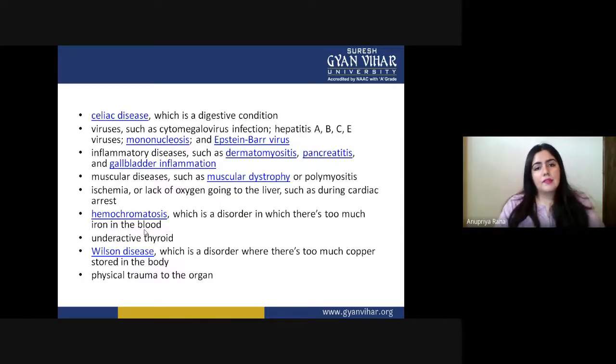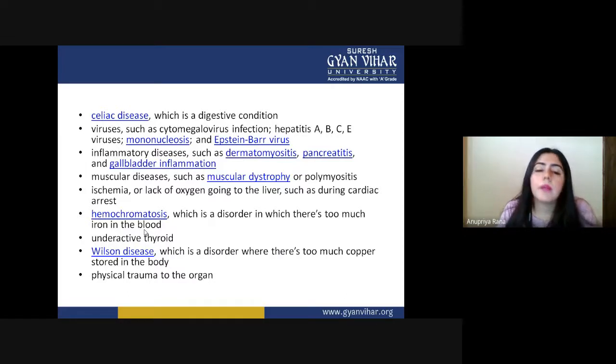Celiac disease, which is a digestive condition, can also cause enzyme activity to be induced inside the liver. Some viruses, such as cytomegalovirus infection, hepatitis A, B, C, mononucleosis, and Epstein-Barr virus, EBV. So these are the viruses also.